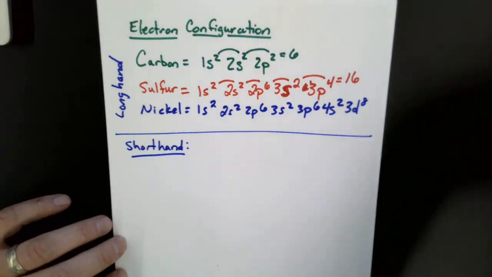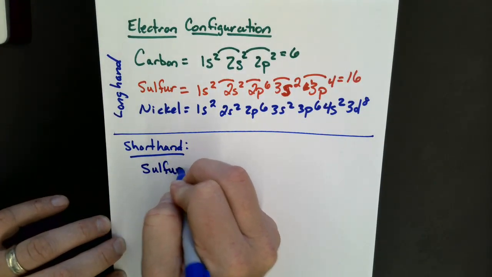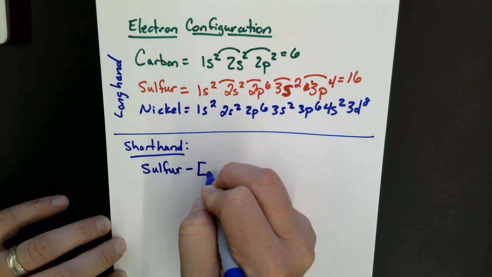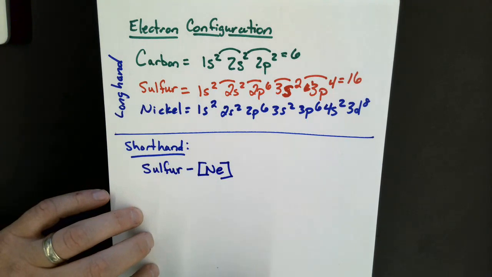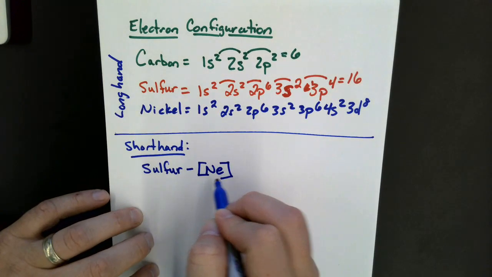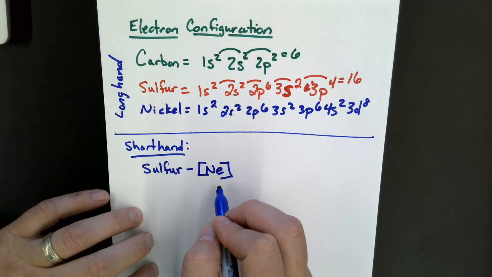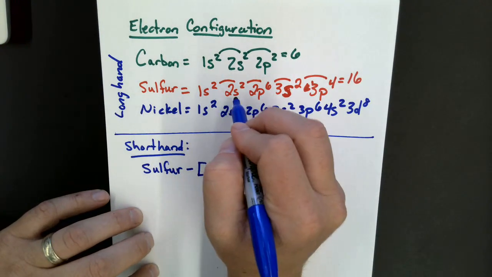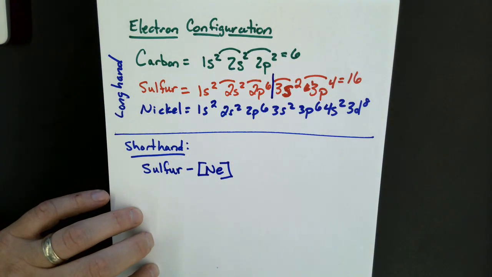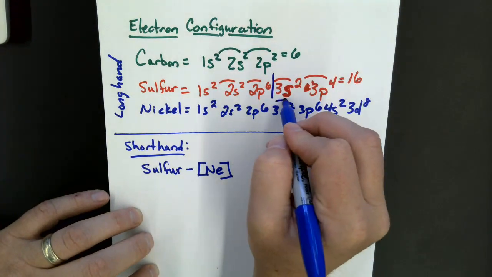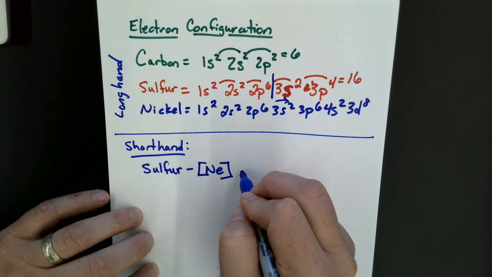So in shorthand notation for sulfur, we start by putting a bracket and we put the noble gas inside the bracket. This assumes everything up to the point that noble gas has been filled out correctly. So the 1s, the 2s, the 2p has been filled out correctly. When we are done putting that in the bracket, all we have to do is fill out the remaining information.